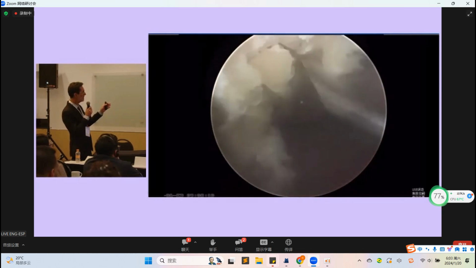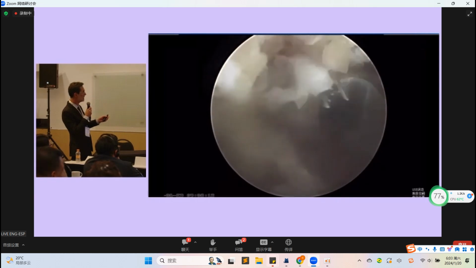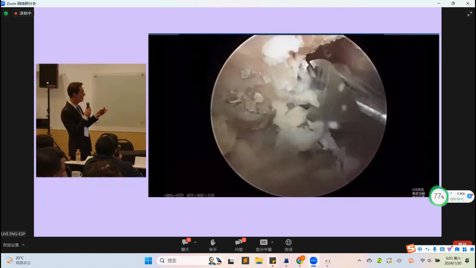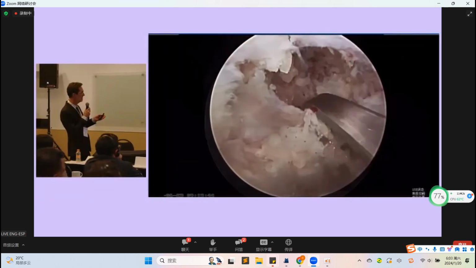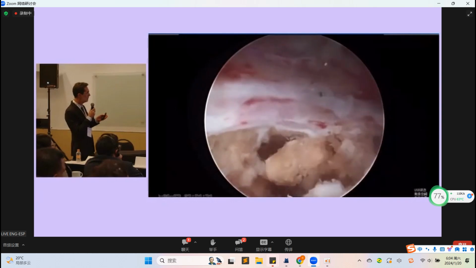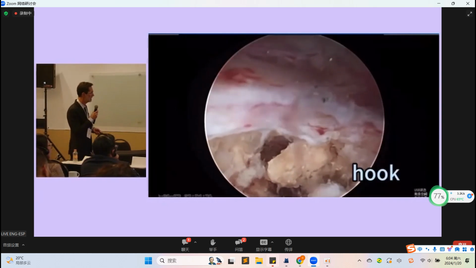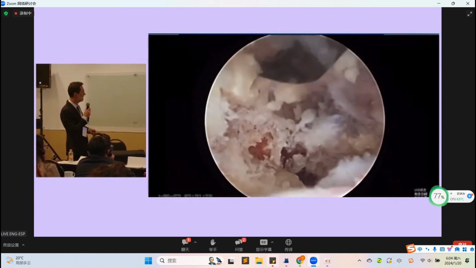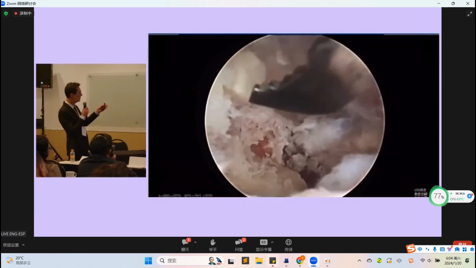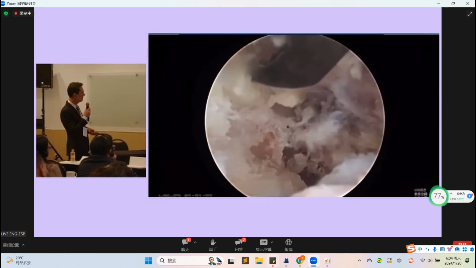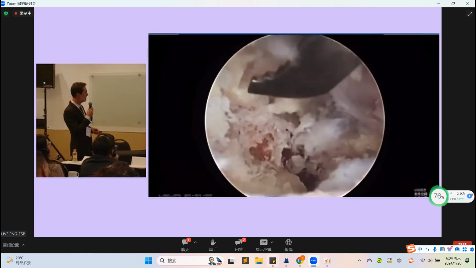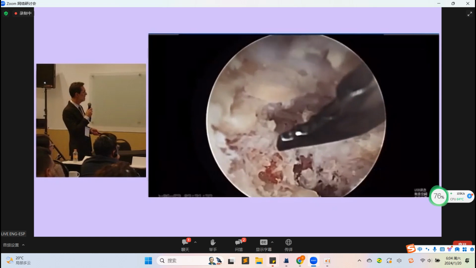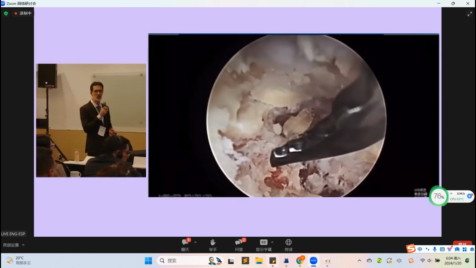Another important thing, we don't have bleeding when we use ultrasonic bone knife. It's possible to work with minimal bleeding. Here is a spinal cord, and another kind of knife, a hook knife of ultrasonic bone. You can use it near the spinal cord, and I think it's an interesting instrument.